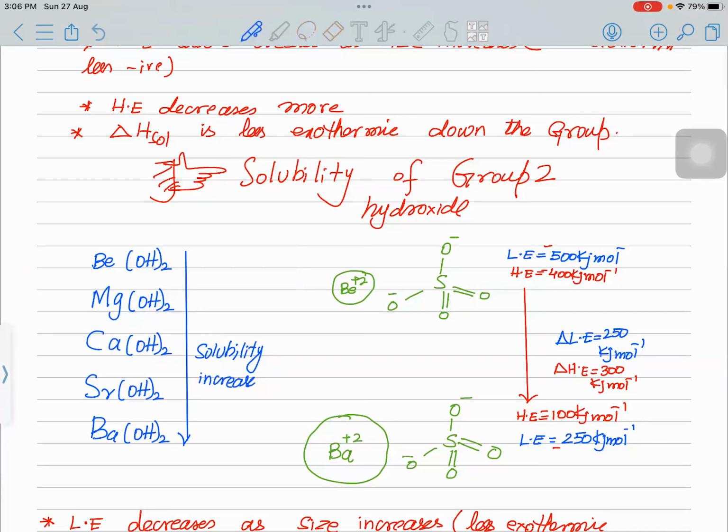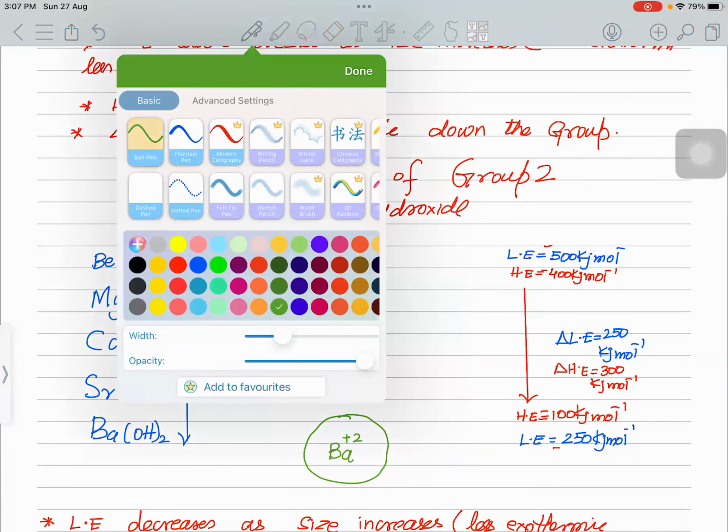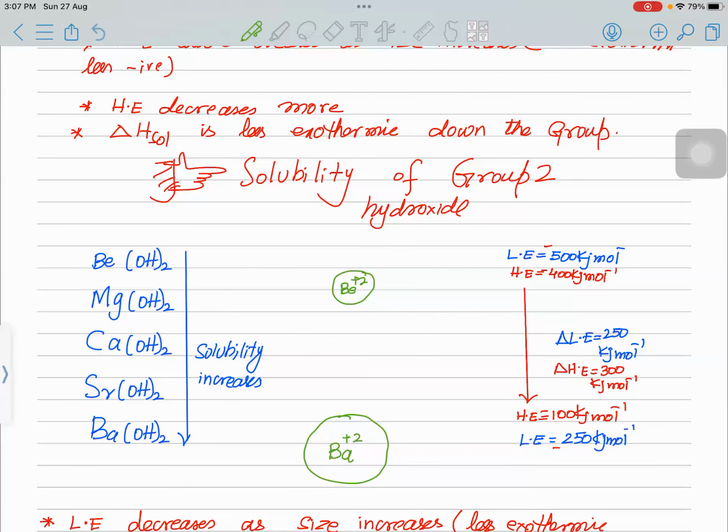Here solubility increases because you know that hydroxide has the tendency to make hydrogen bonding with water. That's why solubility increases. Here we need 2OH.